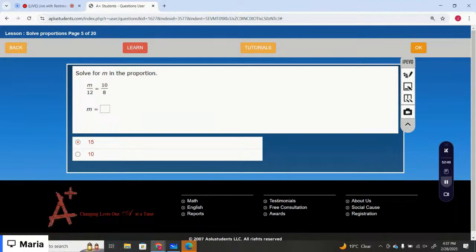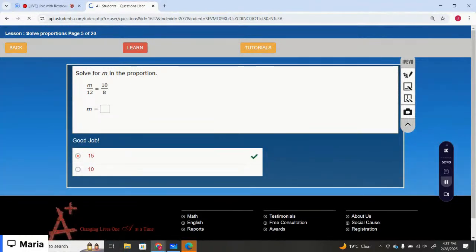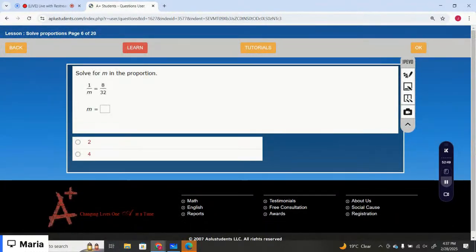That is 15. Option number 1 is the correct option. Solve for m in the proportion. That is 4. Option number 2 is the correct option.